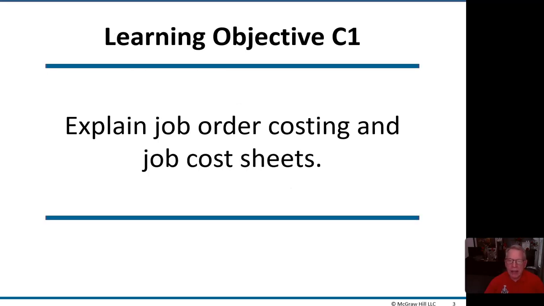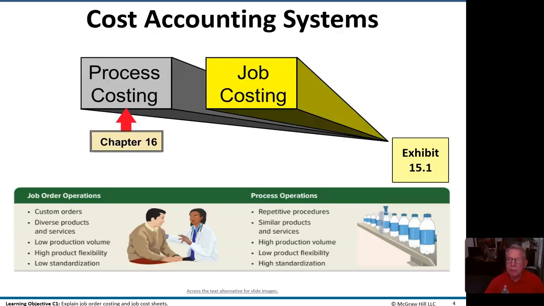Here we're going to explain job order costing and job cost sheets. So process costing, as I mentioned, we will do in Chapter 16. Here we're looking at job costing and job order operations.